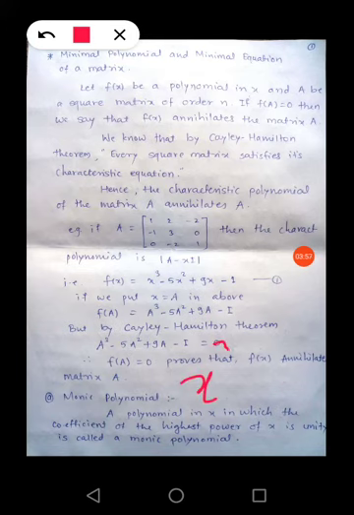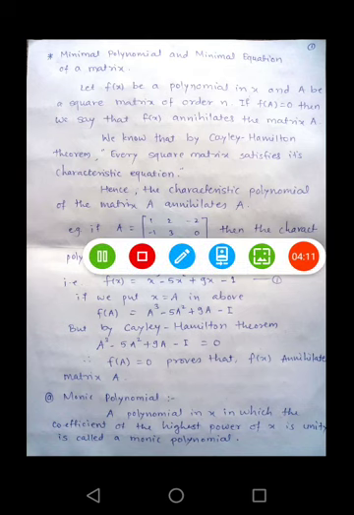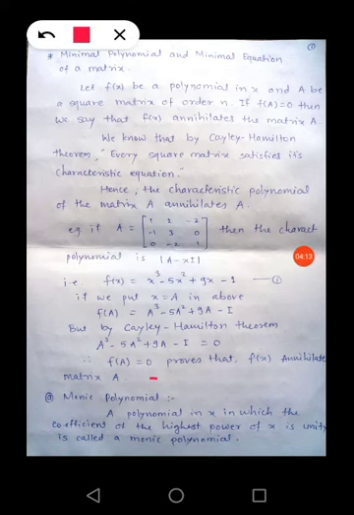Suppose x cube plus x equal to 0, so this is the equation, and we are going to see only polynomial. So let me write here x cube minus x square plus 11.